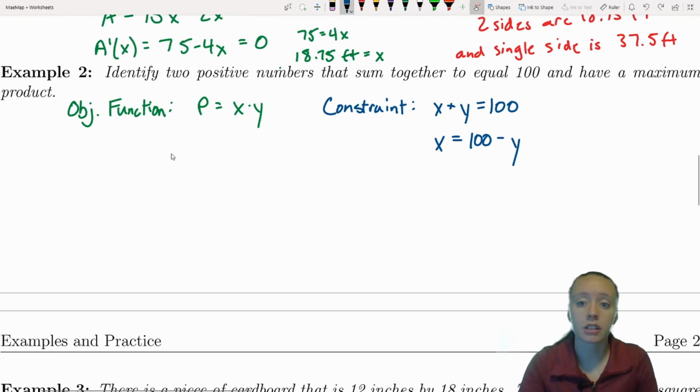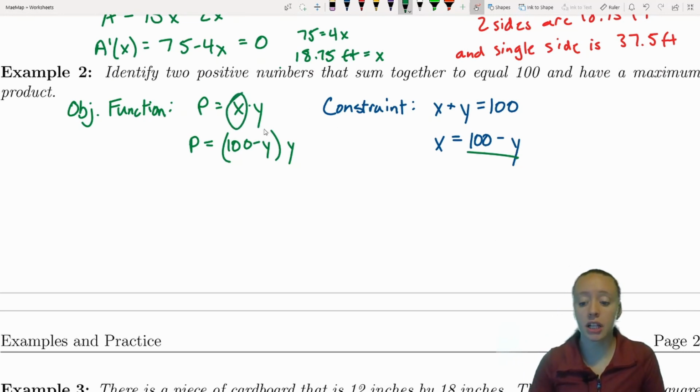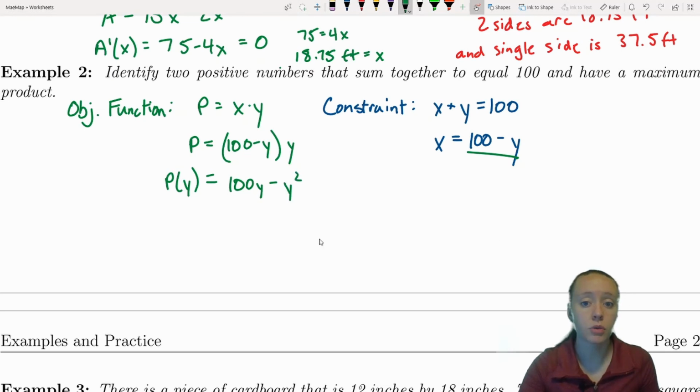So my product P is going to be equal to 100 minus y times y. Because I took that 100 minus y and plugged it right on in for x, now my function is in terms of just y. So my P of y is equal to, distributing that y through, 100y minus y squared.